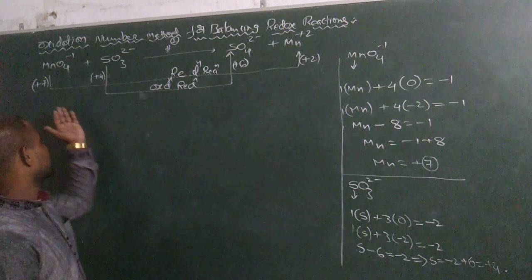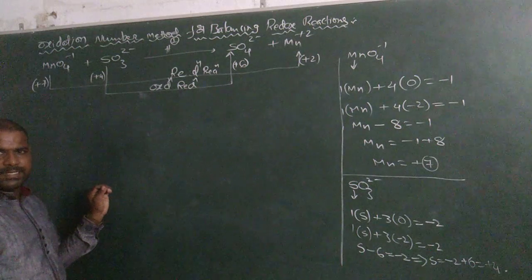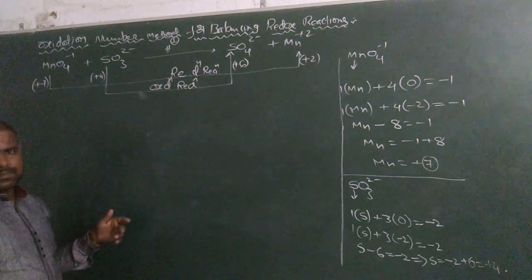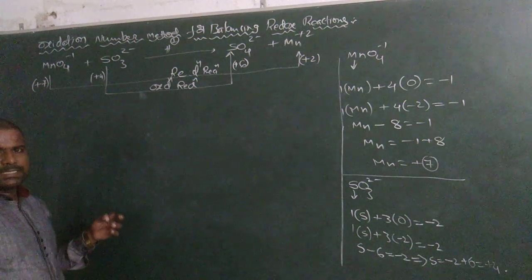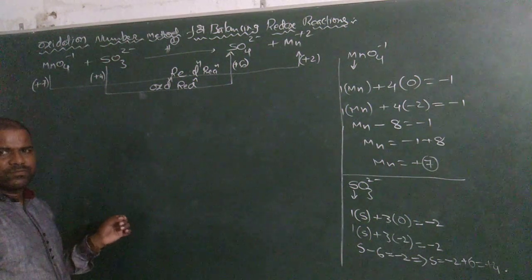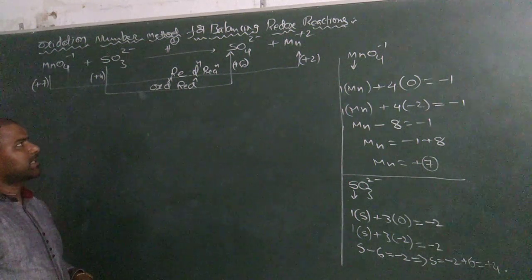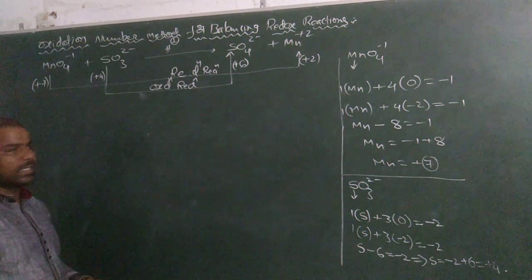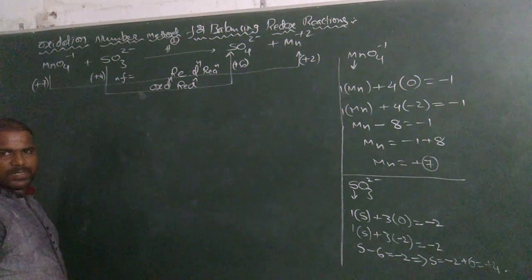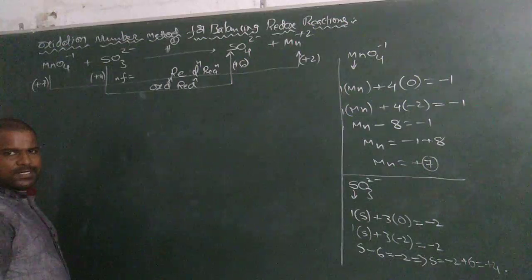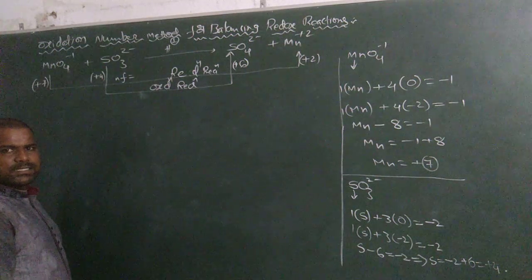First, the change in oxidation state of elements is calculated, and the reactions are represented here. Then we come to the term n factor. The n factor is defined as the change in oxidation state of the element times the number of atoms of that element in the given species.